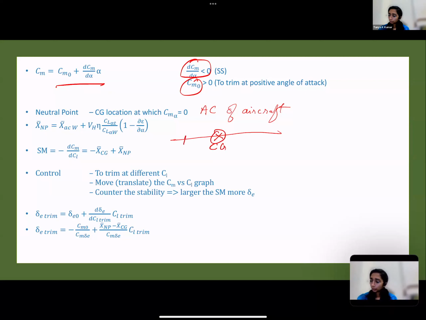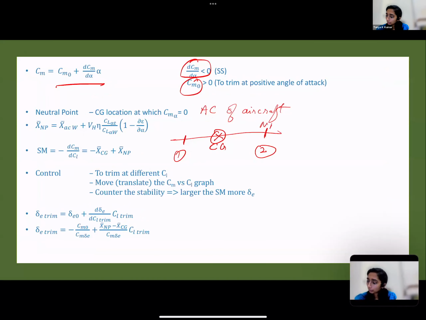Will the neutral point be at location 1 or 2 for a stable aircraft? Exactly. So the neutral point is behind.